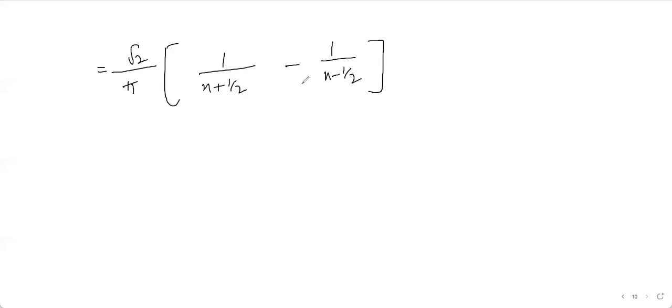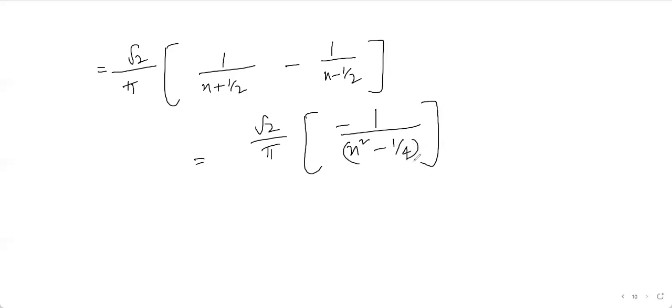After simplifying, this is root 2 by pi times minus 1 by (n squared minus 1 by 4), which results in minus 4 root 2 by pi into (4n squared minus 1).